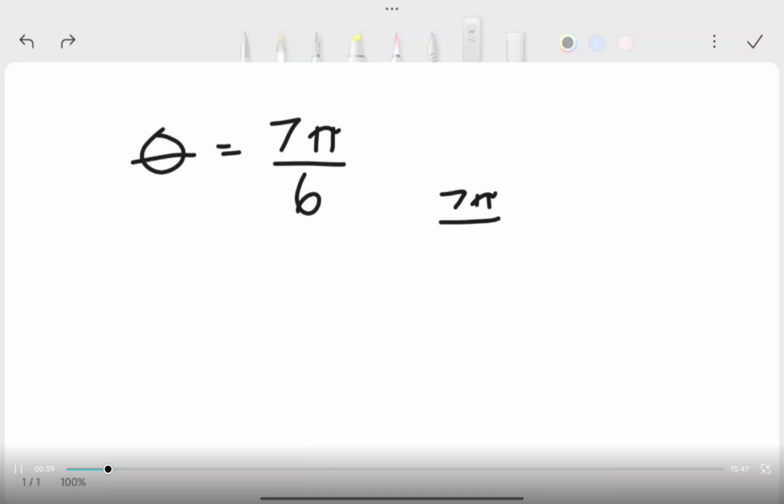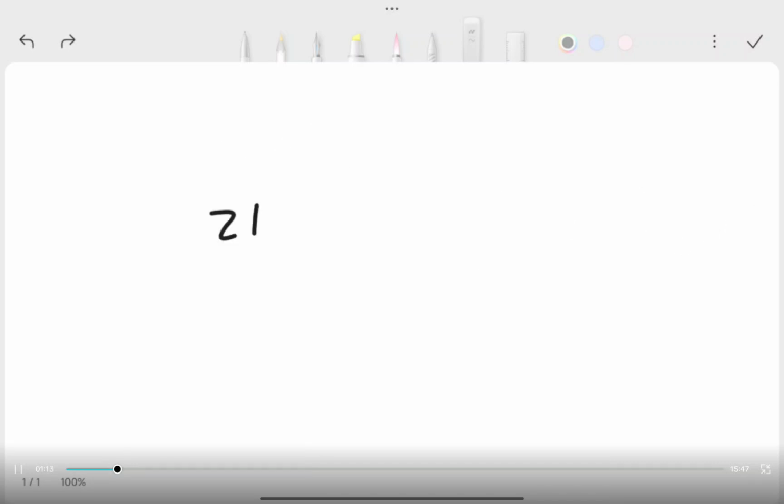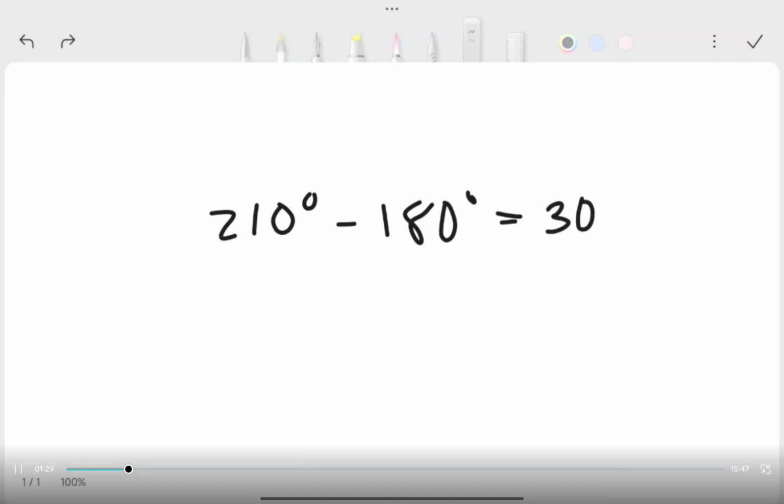So we're going to translate it into degrees. 7 pi over 6 multiplied by 180 degrees over pi is equal to 210 degrees. To find our reference angle, 210 degrees minus 180 degrees is equal to 30 degrees. So here in our graph, 210 degrees is in quadrant 3.